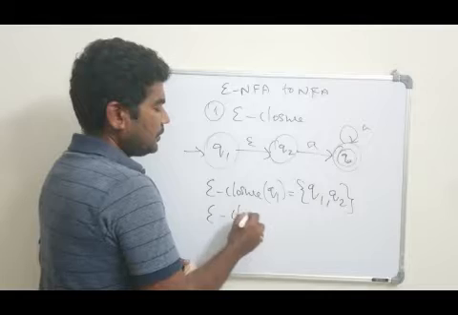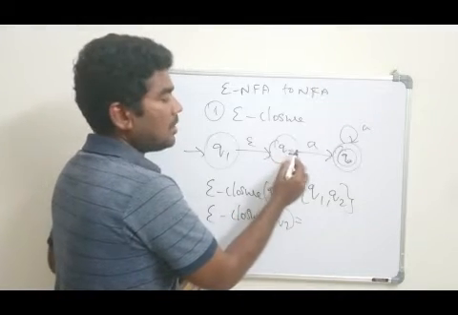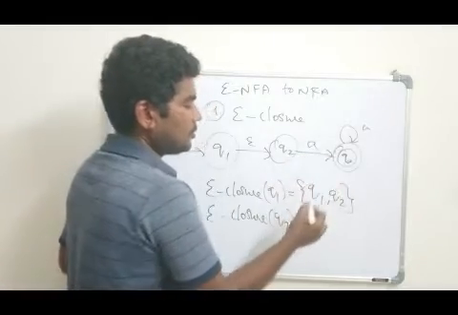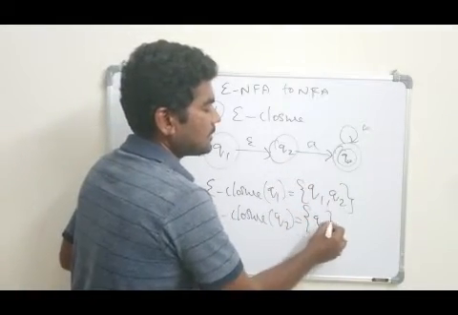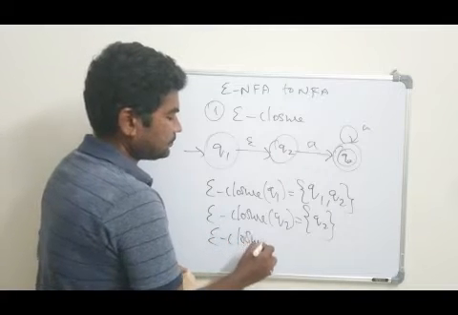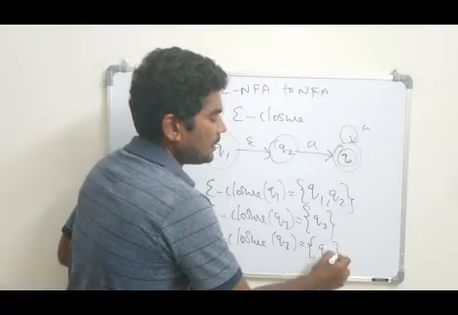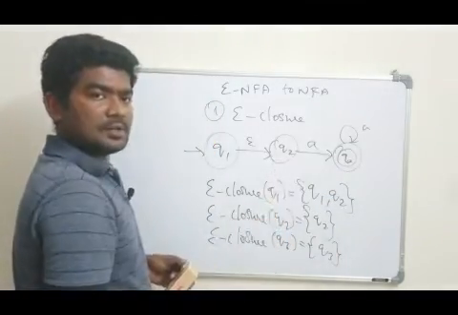Epsilon closure of Q2 is only Q2, because there is no epsilon transition from Q2, so you take only the self transition. Epsilon closure of Q3 is only Q3.